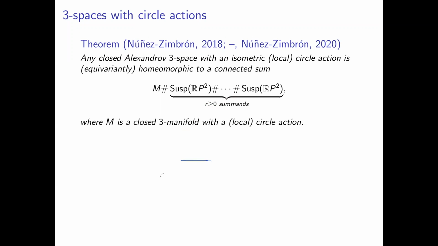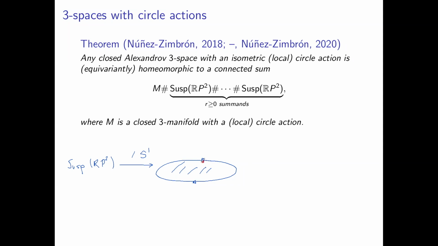So for example, an example of an orbit space would be something like this. If you take, for example, this space that I said, the suspension of RP2, and take the quotient by S1, the orbit space is a 2-disk, and then you have these points marked here in red.